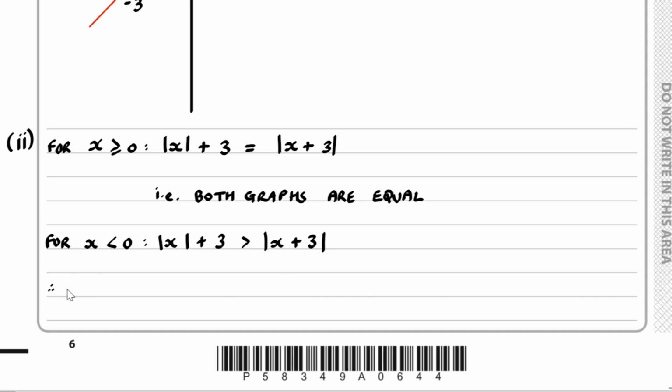And so therefore we can conclude the mod of x plus 3 is greater or equal to x plus 3 modded for x belonging to a set of real numbers.